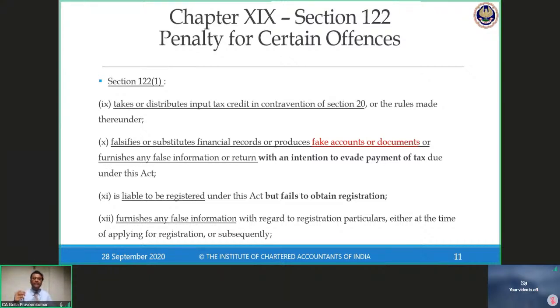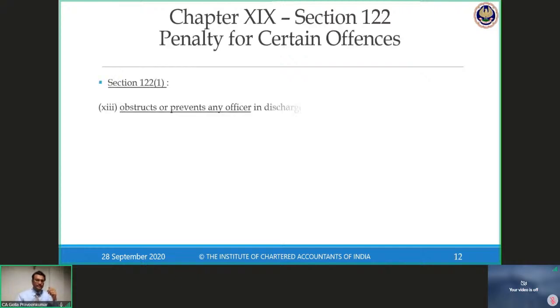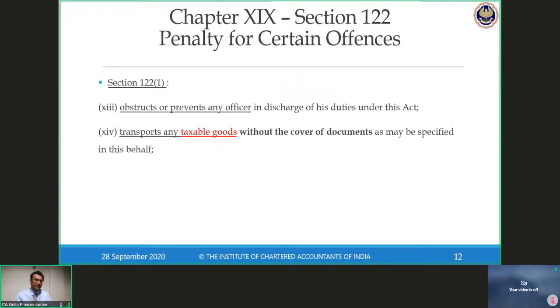Bucket number 2. Why? Creation of fake invoice, creation of fictitious transactions, all that comes in your bucket number 2. Intention to cheat. Next. Obstructs or prevents an officer. This is a procedural, bucket number 1. I have prevented an officer, I have obstructed an officer in the part of discharging their duties, bucket number 1.